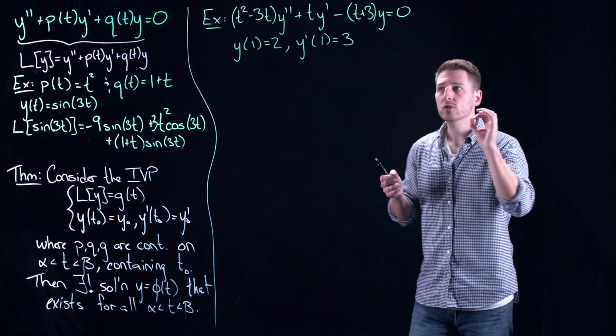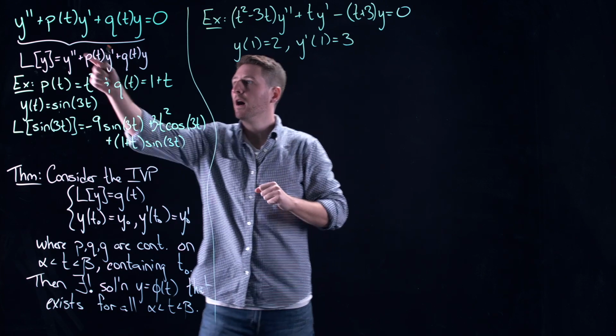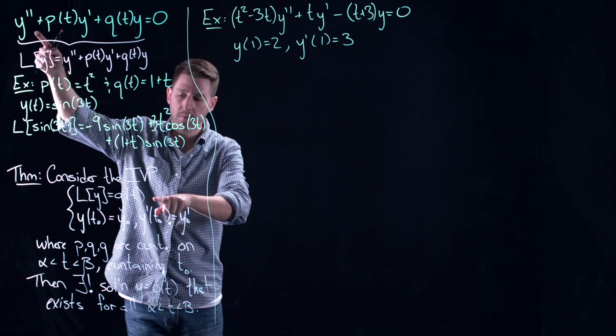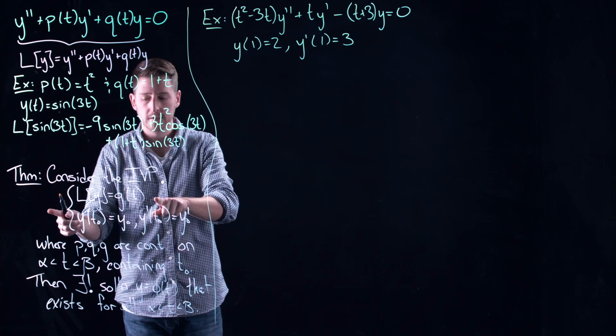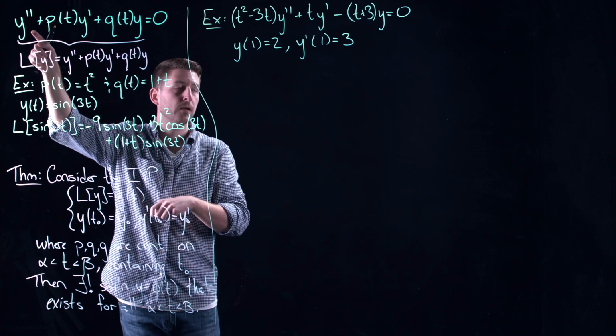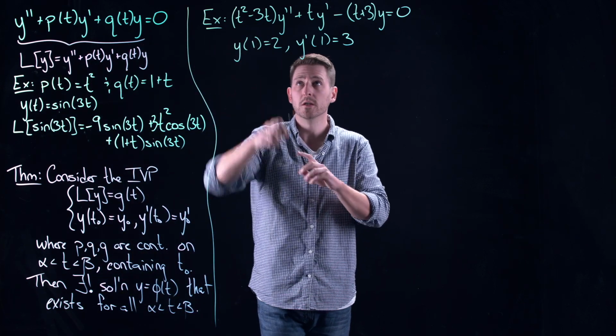Now, the important thing that you should notice right away is that this is not in the form of these general second order equations that we've been talking about, and in particular those that apply to this theorem. Remember, L is defined from this original equation. So that means that I've got to divide off this leading order term here.